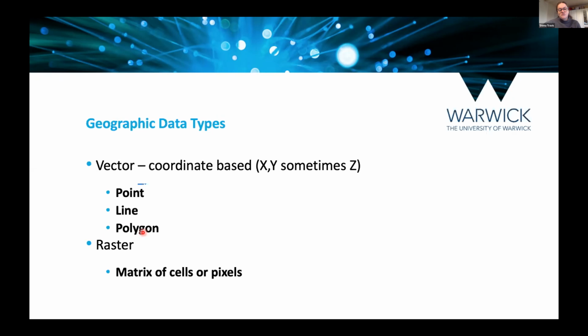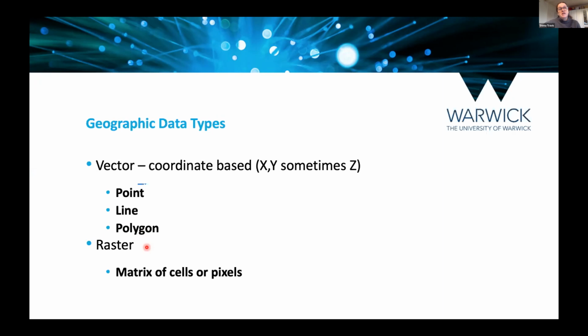The second sort of data type, which I'm not going to go into in much detail, but you need to be aware of, is raster data. This is a matrix of cells, or pixels if you like, across your geographical space, arranged in columns and rows. Each of those small areas, the size of which can vary depending on your raster, reflects a quality.